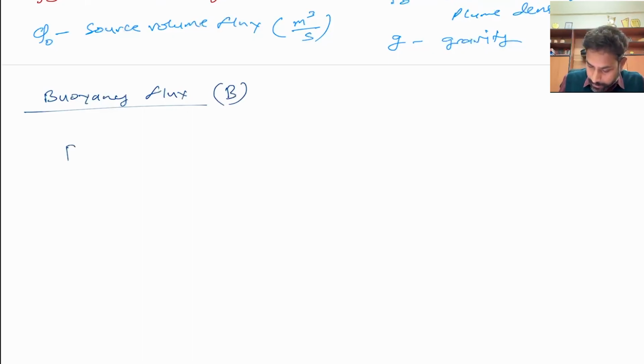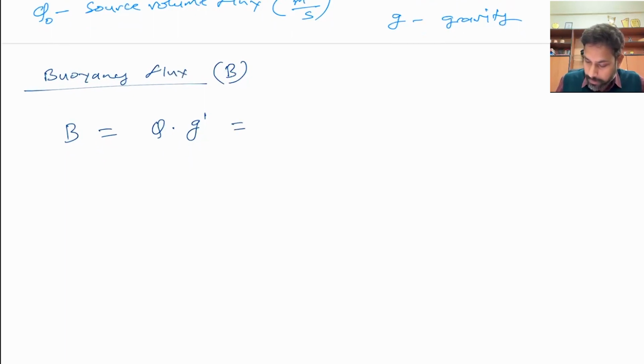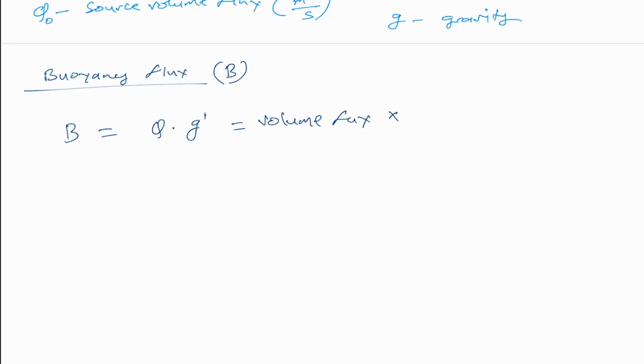Okay, so the other parameter is called buoyancy flux, which is usually written as B. Buoyancy flux B is given as Q times g prime, so volume flux times reduced gravity.